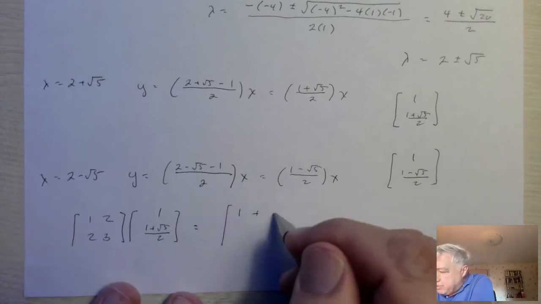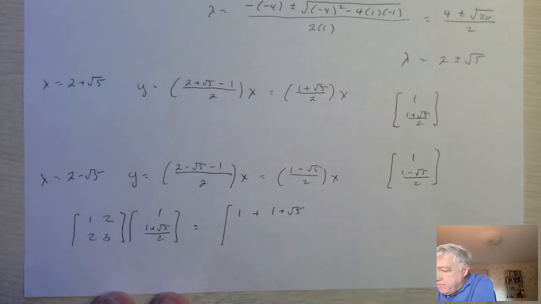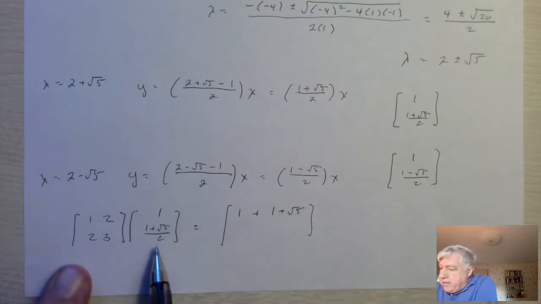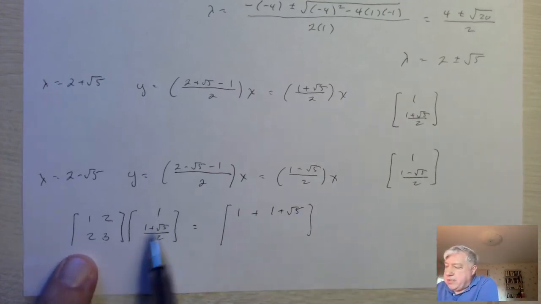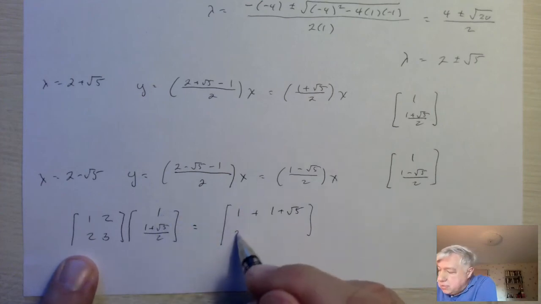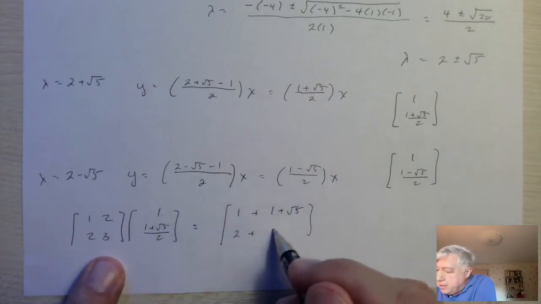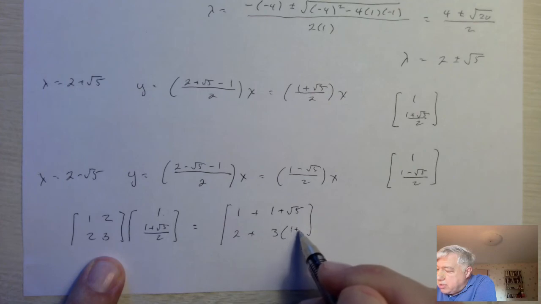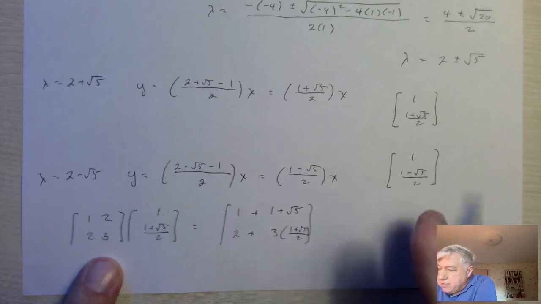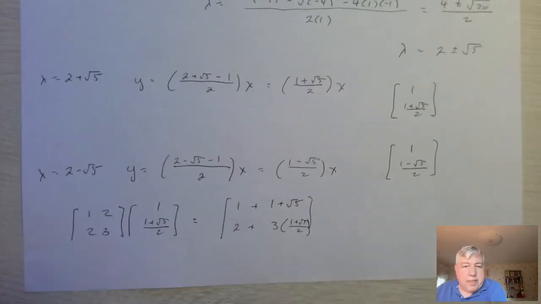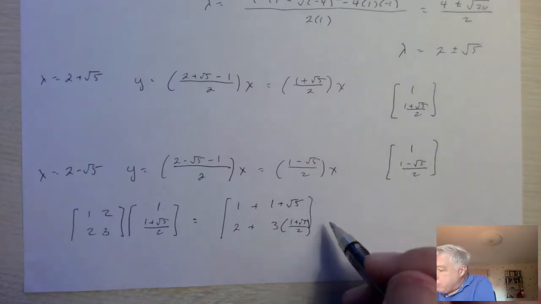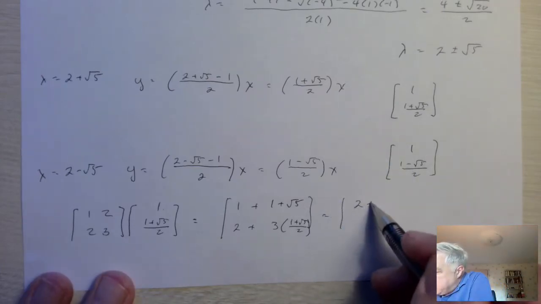The 2's will cancel and we'll get 1 plus square root of 5. And then next we take this row, this vector, 2 plus 3 times 1 plus square root of 5 over 2. We get that. And this will be 2 plus the square root of 5.